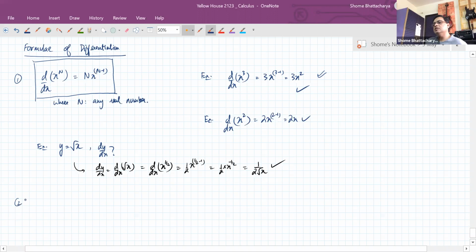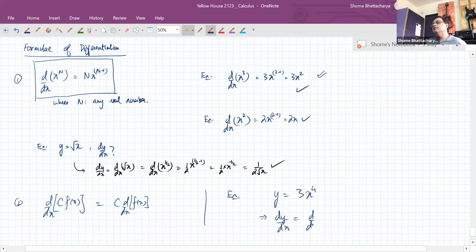Now the second thing is that if we are differentiating a constant multiplied by a function, you can always take the constant outside and multiply it with differentiation of the function. So for example, if y is equal to 3x to the power 4, then differentiation of y with respect to x will become differentiation operator applied to 3x to the power 4.